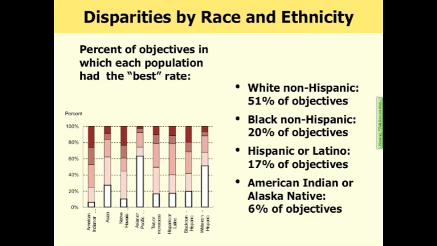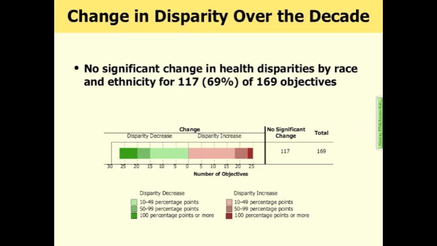Now, what about change over time? The next slide shows, doesn't show how exactly, but it gives the results of looking at the change in disparities over time. I said earlier that the disparities persisted and there wasn't much change.